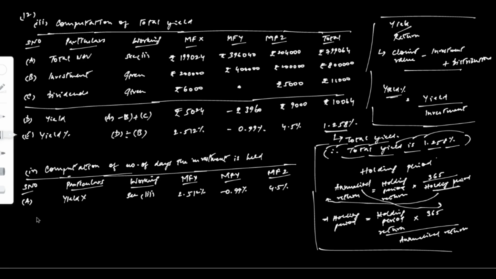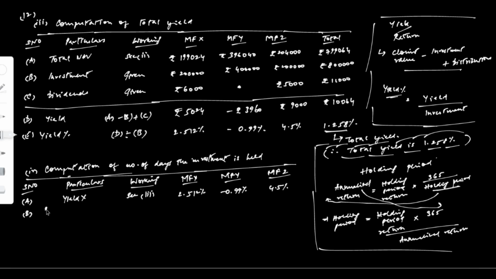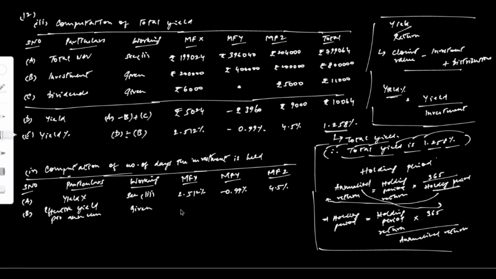Next, effective annual return or effective yield per annum. This is given: 9.66 minus 11.66, 24.15%.